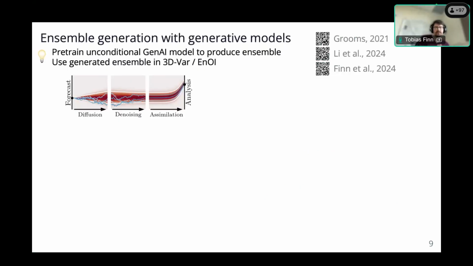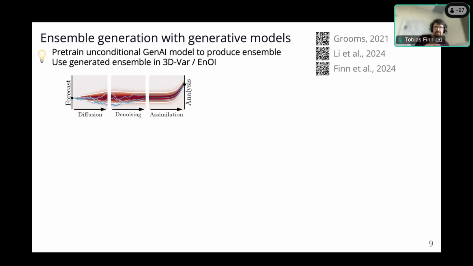So meaning it is a generative model that basically takes noise, approximates this velocity, and then produces data without any additional conditioning from initial conditions or external forces. And so the general idea is to use such a pre-trained unconditional generative AI model to produce an ensemble, and then to use this ensemble in a 3D-Var system, in an ensemble optimal interpolation system.